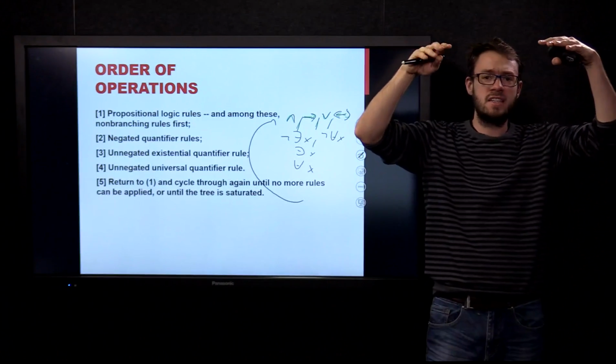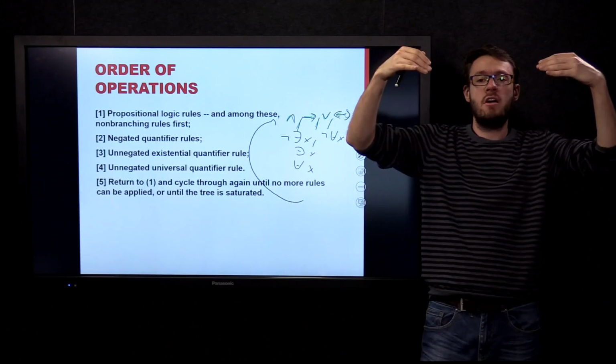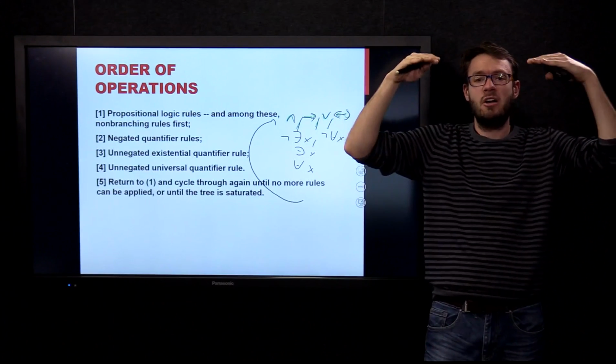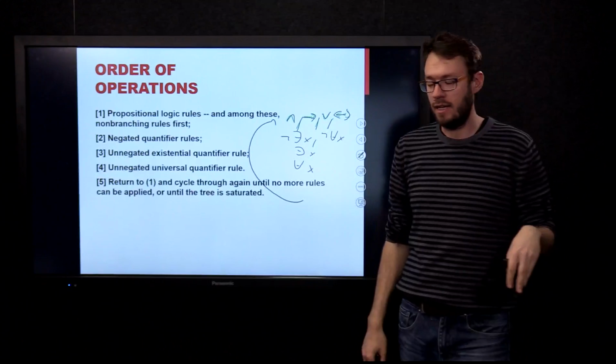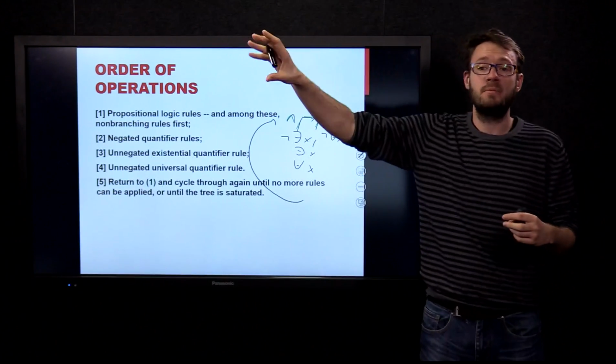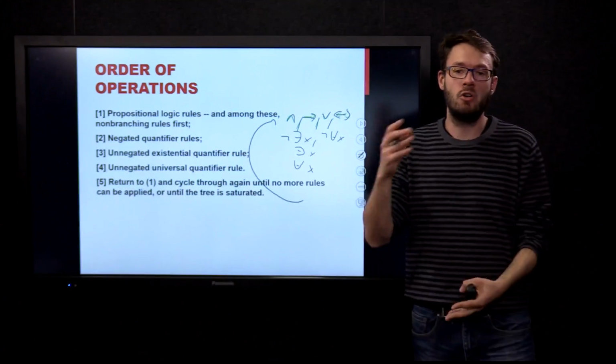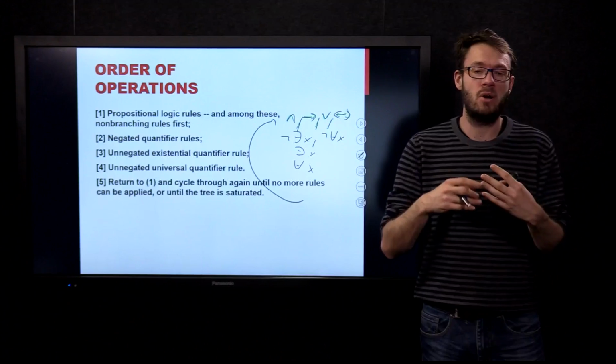If you do a bunch of things and you end up with some unnegated existential rules, then as long as there's nothing else that takes priority, you have to do those before anything else, and so on for each of these rules. So it's not like you do all the propositional logic rules and then you're done with propositional logic rules for the tree. This is more an order of priorities.